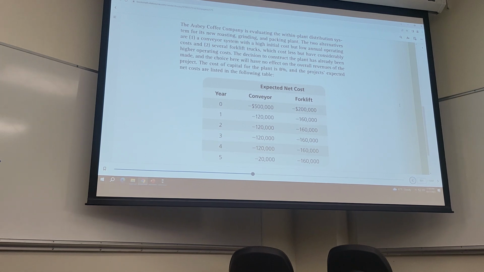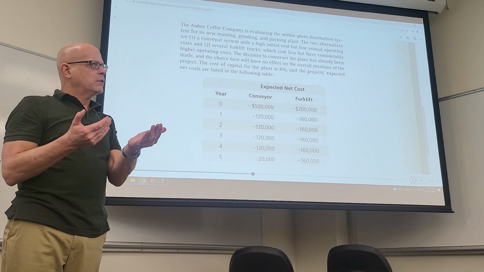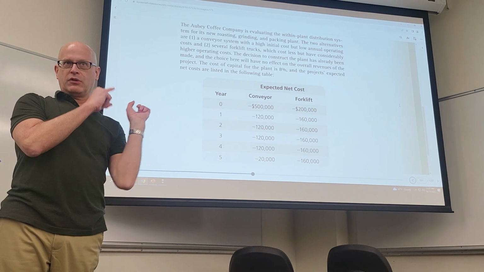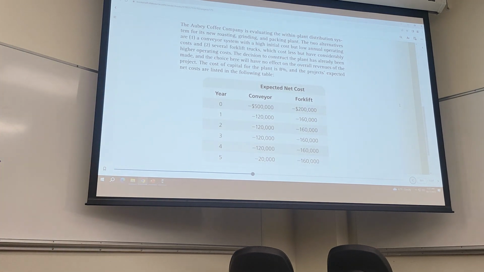But in this case, since it's an expense that I've got to take, I want the one that's what? In fact, let's work through the math real quick, right? Let's work the math on this problem here. This is a mutually exclusive set of choices. So between the conveyor and the forklift, let's see what happens.